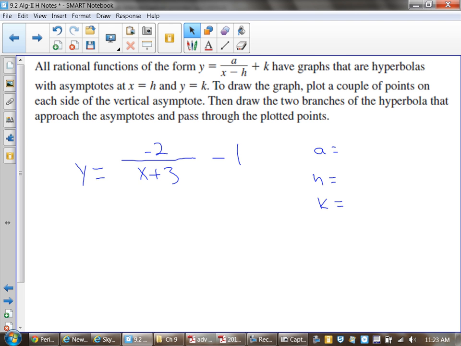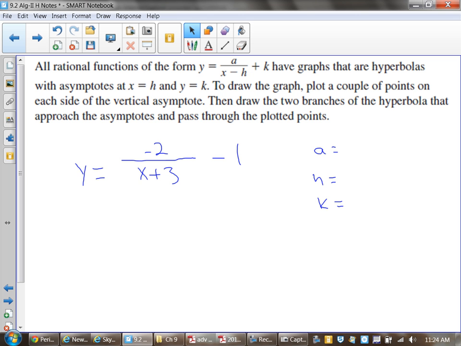Your vertical asymptote is always at the 0 of the denominator. It's the h value, so it's at x equals h. And your horizontal asymptote is always at y equals k.